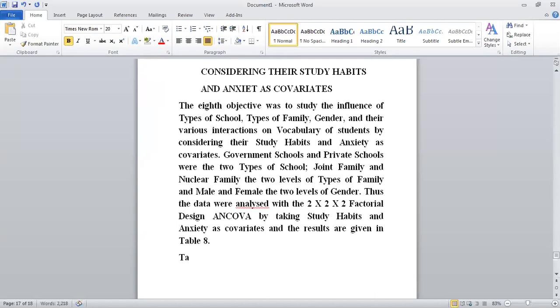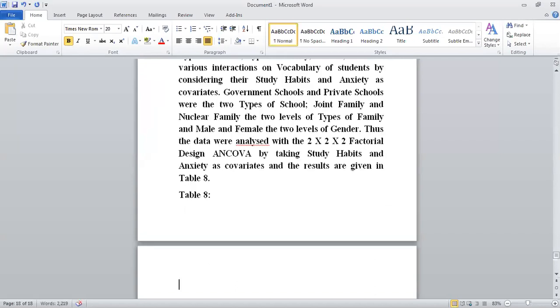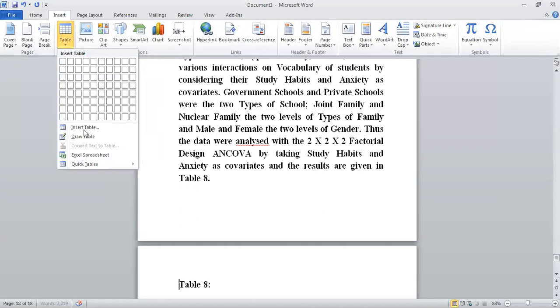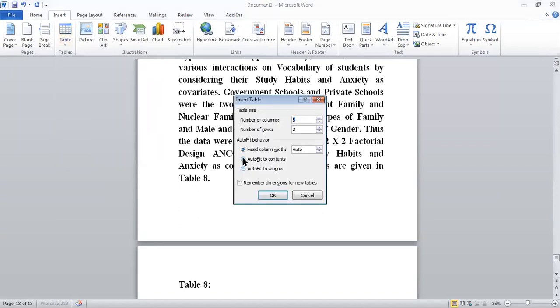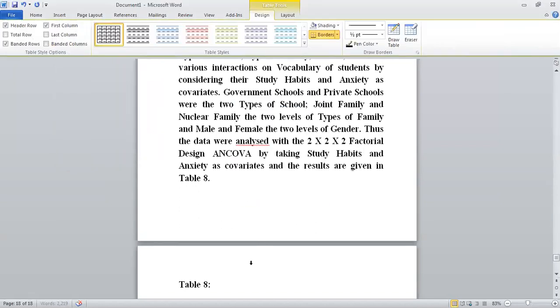Now here I should make table 8. Now I'm shifting the table and inserting the table. So it is auto fit, fine.